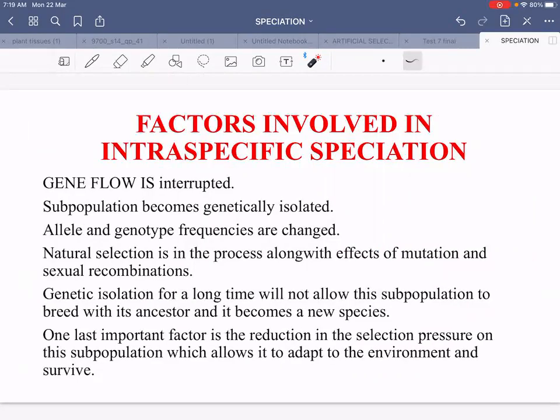I told you this as well, that whenever you are describing speciation, you will describe the underlying points. In order for any population to evolve or to develop some new characteristics, it is a must that certain conditions should be fulfilled, in which you have gene flow. It should be interrupted. Because of interruption of gene flow, of course, a subpopulation becomes genetically isolated.